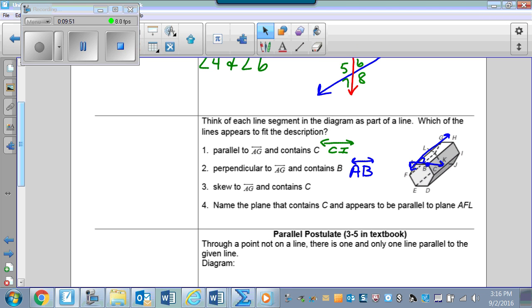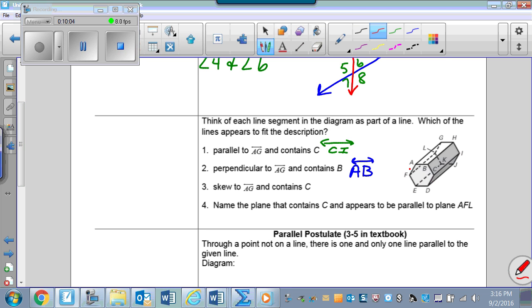Alrighty. How about skew to AG? Remember, what does skew mean? Skew means those lines are not coplanar. They're not parallel, and they don't intersect. So here's AG again. And we want the skew line to contain point C. There's point C again.